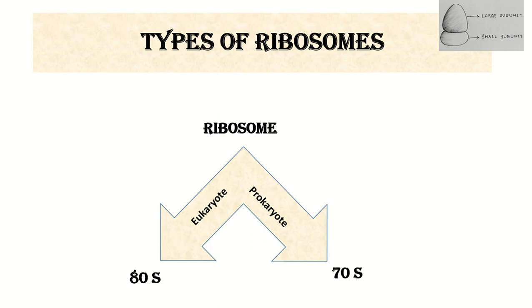This S stands for Svedberg's unit, which is used to measure the rate of sedimentation in a centrifuge. How fast does a particle sediment in a centrifuge? This is a measure of that, and this abbreviation, the term has come from the name of the great scientist who had given us this idea.